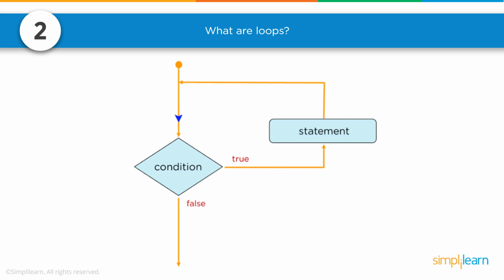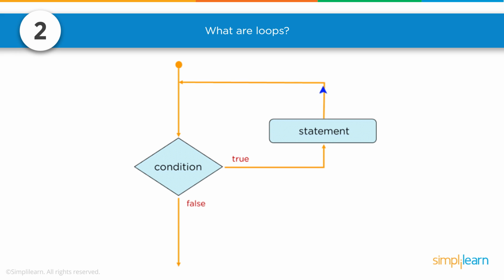Now if this condition results in true, the statements within the loop are executed and once again the condition is checked. Now this loop continues as long as the condition is satisfied. The minute the condition fails, the program's control exits out of the loop and all the statements following it are executed.